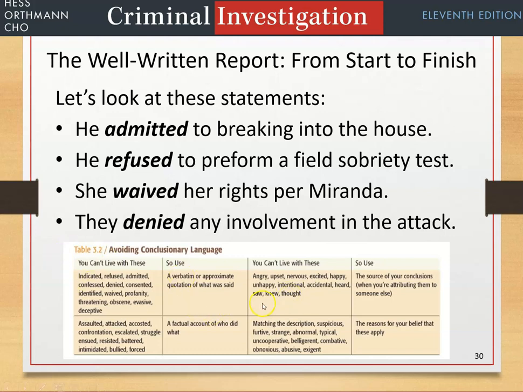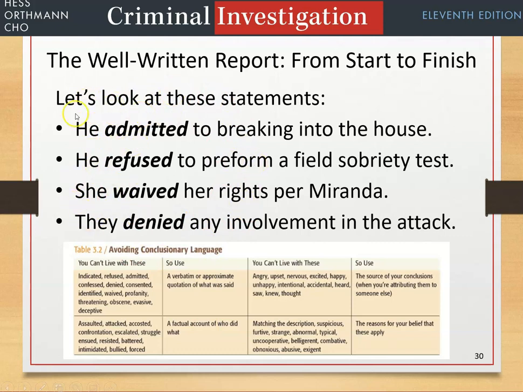And the same with words like angry, upset, nervous. While these are descriptive words, how does the reader know what upset is, when you're trying to show that? So you're going to have to use specific language. Same here with assaulted, attacked. You're going to need to use a factual account of who did what. So you can see that they're very, very vague in a sense.